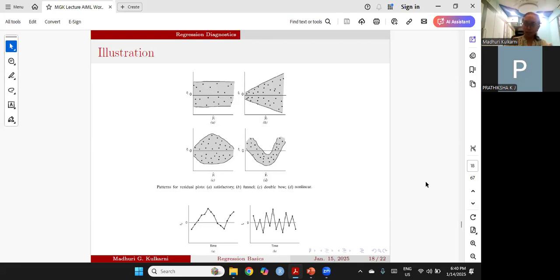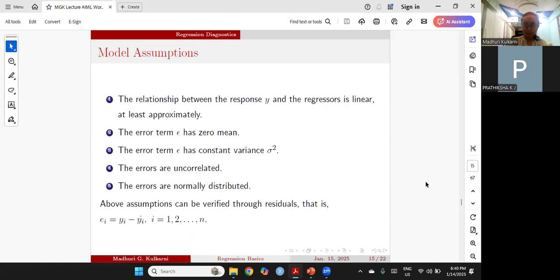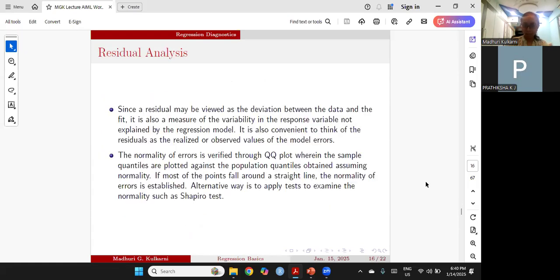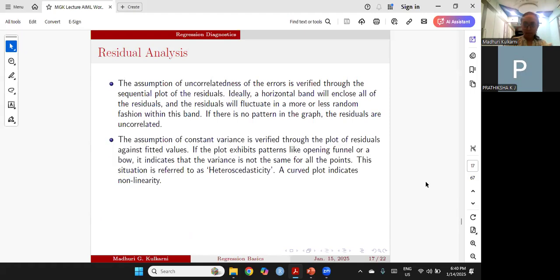Now, the error term should have constant variance. How do we verify it? The assumption of constant variance is verified through the plot of residuals against fitted values. If this plot exhibits patterns like an opening funnel or a bow, then the variance is not the same for all the points.